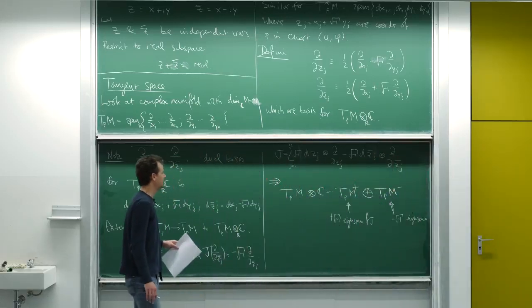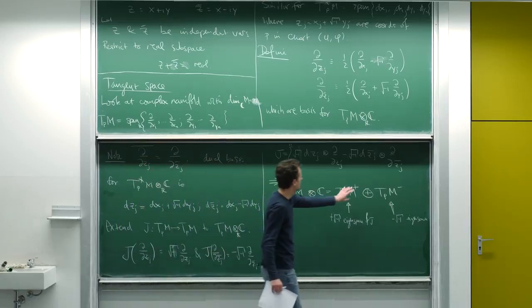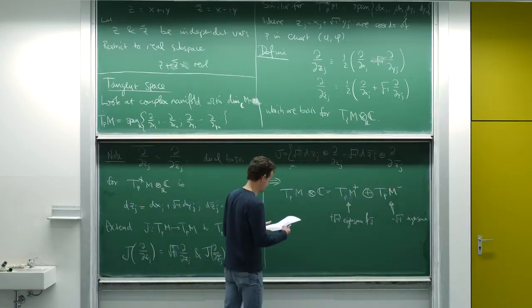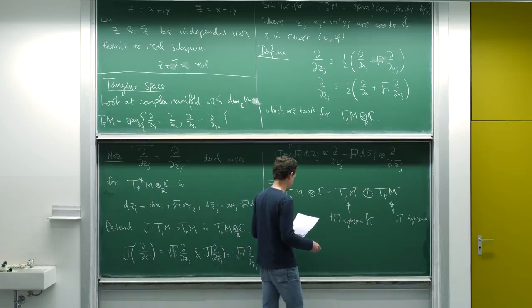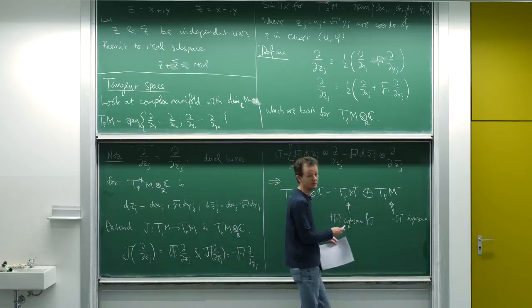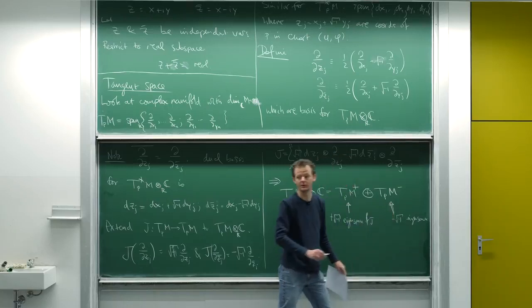And we're going to give elements of these subspaces special names. I'm going to call this one holomorphic and this one anti-holomorphic.